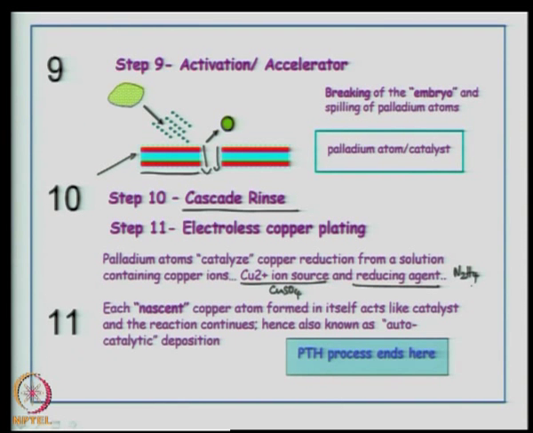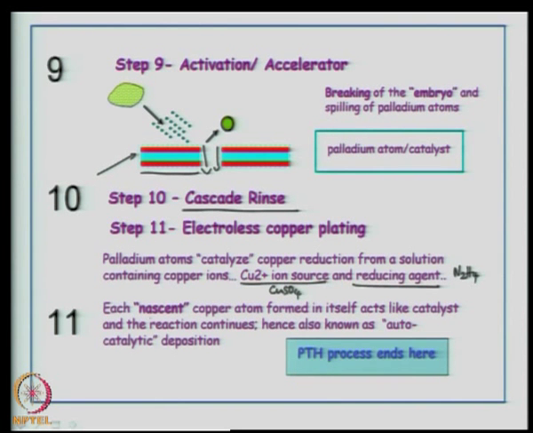These can be used to produce copper in situ, which can be attracted by the palladium atoms, and then they sit on the surface of the copper. So, you get a good physical bond, a very strong bond that cannot be easily disturbed by chemical reactions except for dissolution of copper.